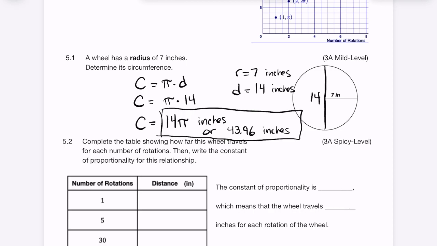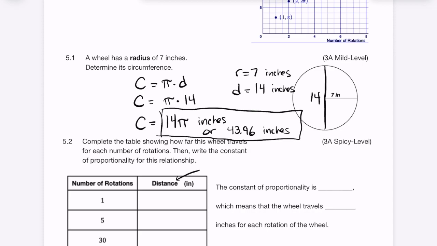Cool. Okay, and then finally, complete the table showing how far this wheel travels for each rotation. Then write the constant of proportionality for this relationship. So in one rotation, the wheel is spinning all the way around. So in one rotation, you're going the circumference number of inches.